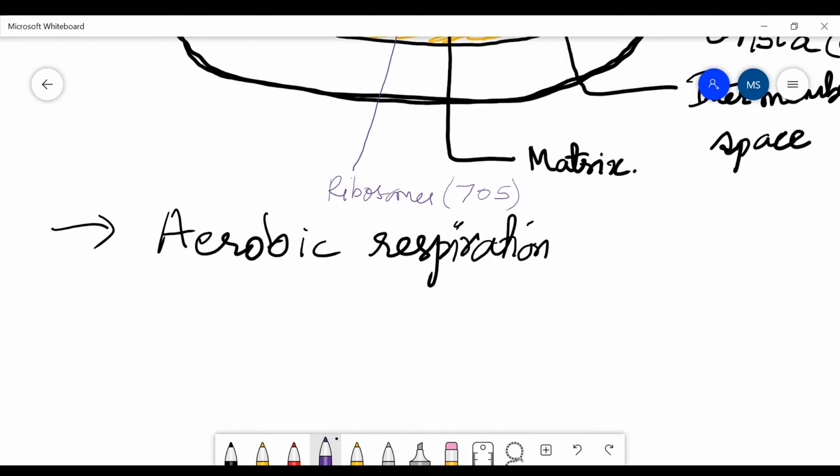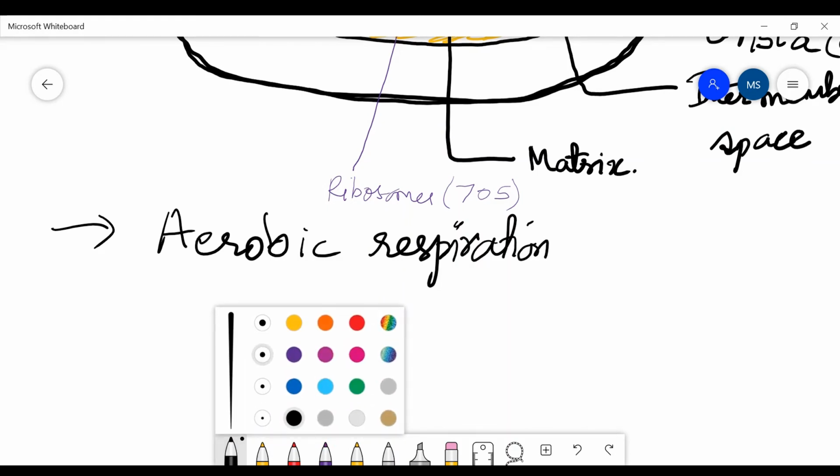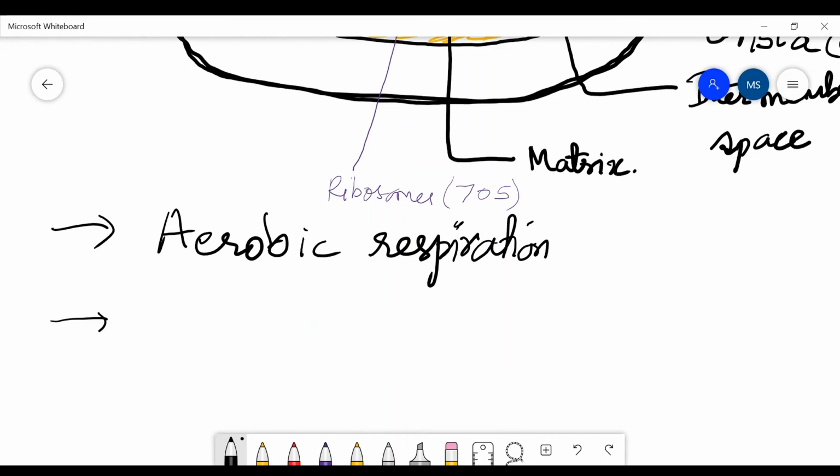The other major functions mitochondria perform: cristae, the folds formed by the inner membrane, are the sites of oxidative phosphorylation.